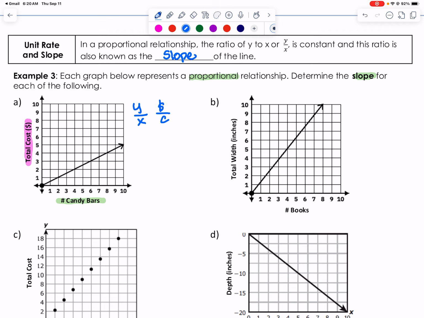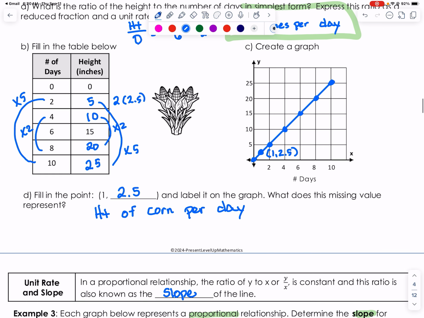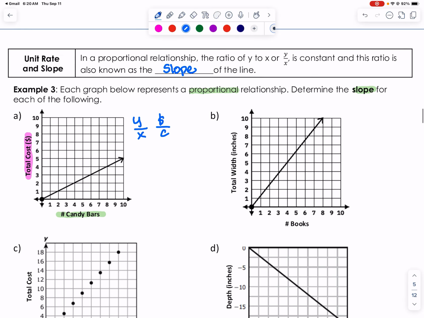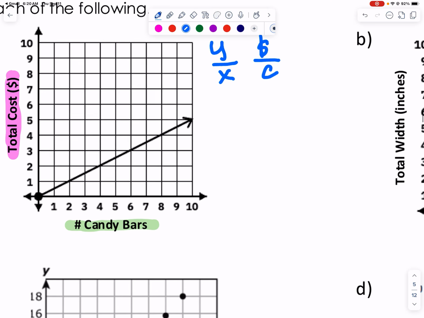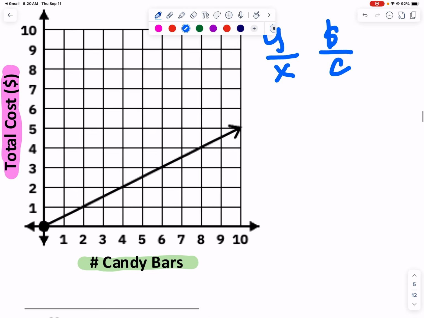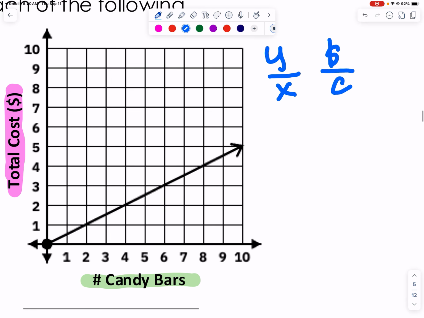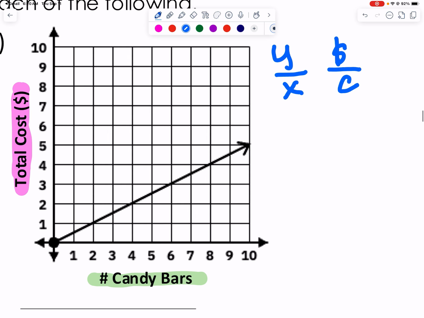Okay. Now, the next thing we need to do is find a friendly point. In our previous graphs, all the points were pretty friendly. We want a friendly point on this graph. So let me enlarge it a little bit so you can see the friendly point. So I'm starting at 0, 0, and as I follow along, boom, right away I see a friendly point there, a friendly point there, a friendly point there, and a friendly point there.